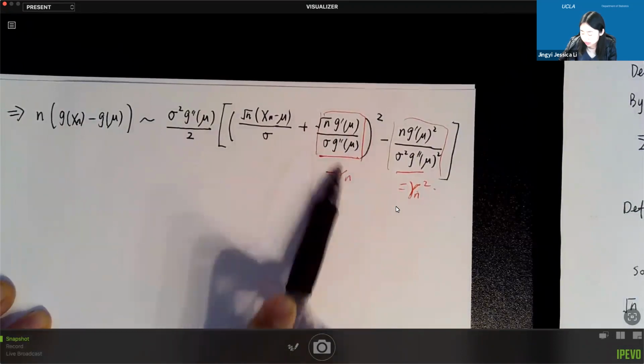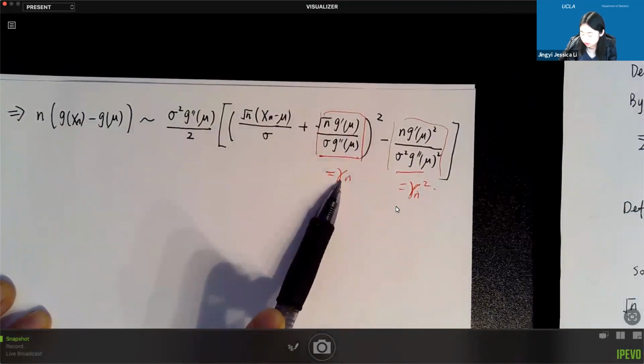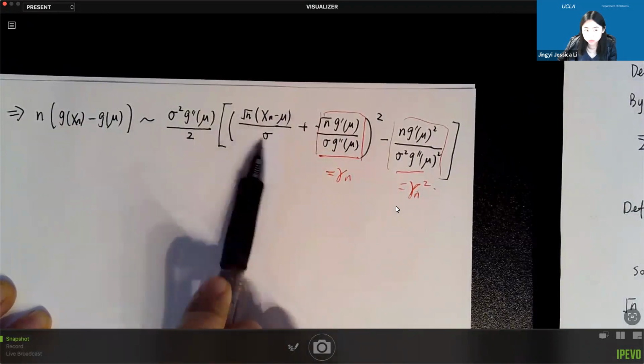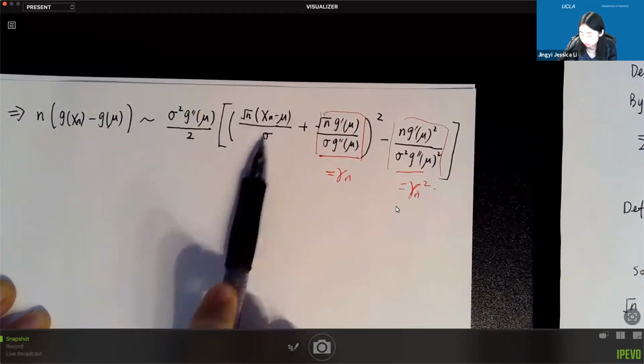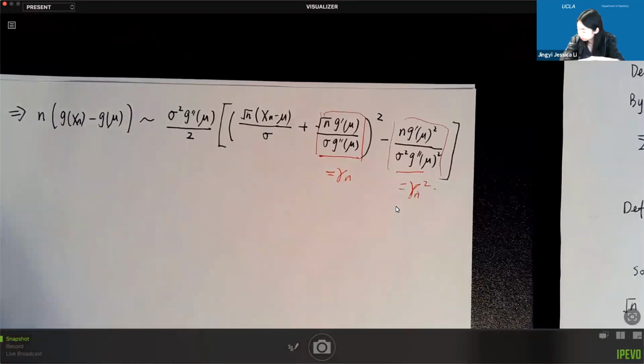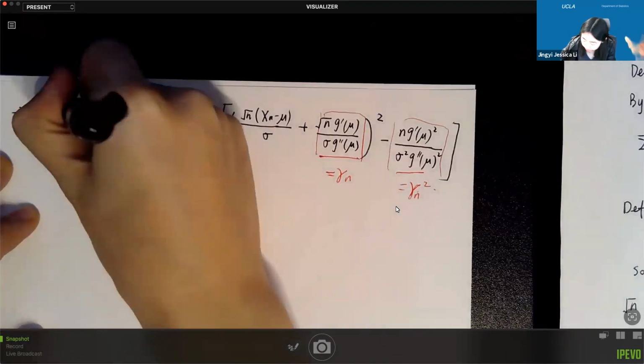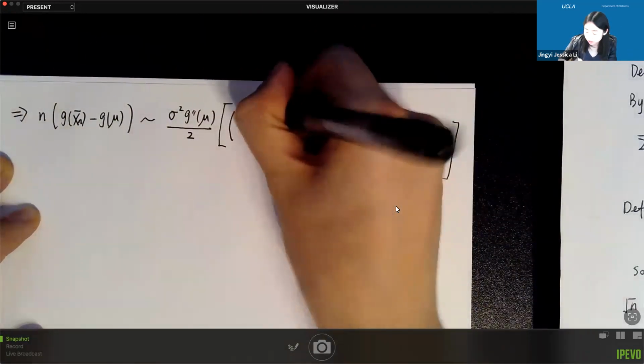We call this a constant gamma n. Then you see this ratio, by the central limit theorem, is standard normal, right? Let me just write it down. Probably I should add the bar to avoid confusion. Yeah, I should add this bar here.